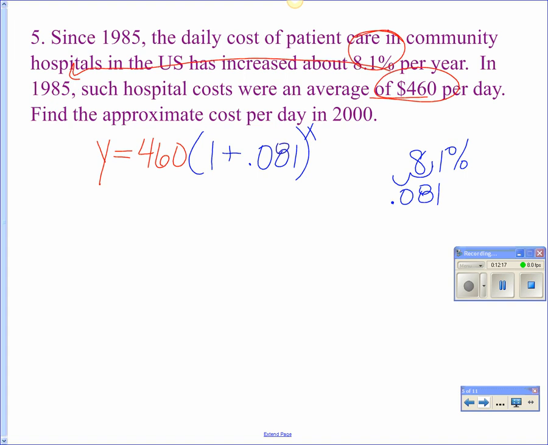Okay, what I put in for x is how much time has passed. What year did it start in? 1985. What year are we going to? 2000. Very good. 2000 and 1985. Subtract those and it gives you 15. So you got to figure out how many years have passed. So I'm putting in a 15 for x. Faith, what do you get for that one?